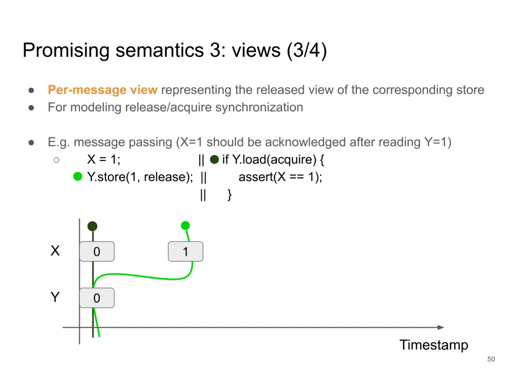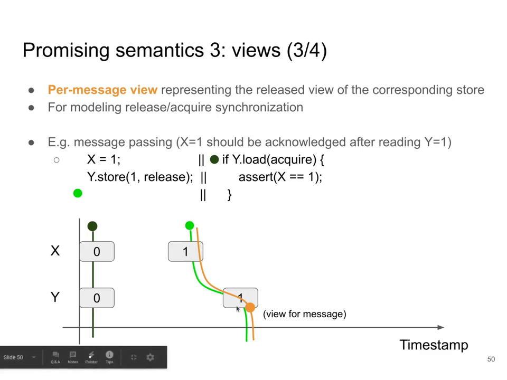And now we are going to execute y equals 1, but with a release. How to do this? We are first incrementing the first thread view. So it is now x equals 1 and y equals 1 because it has just written the new message, so the first thread view is updated. And at the time of the writing, it is a release, and as a result, the new message that is written here should be annotated with the view at the time of this release.